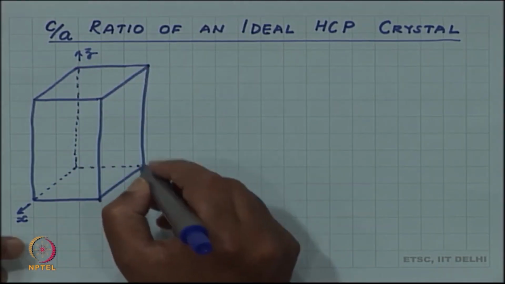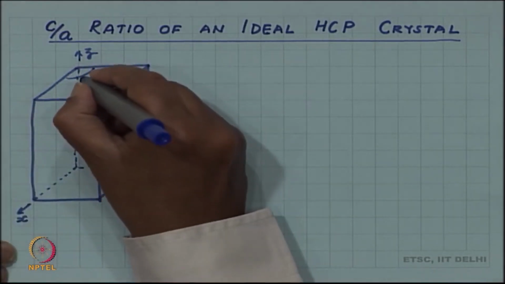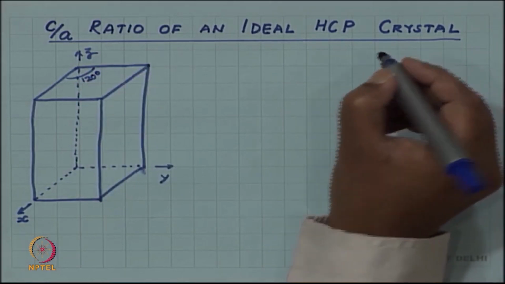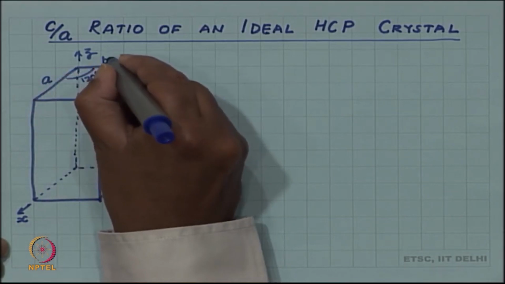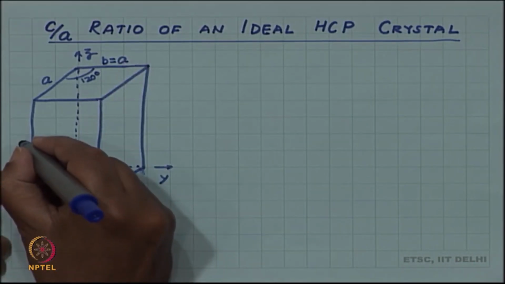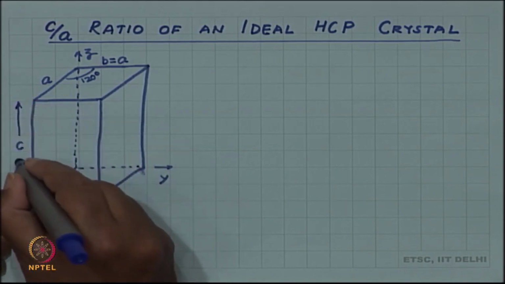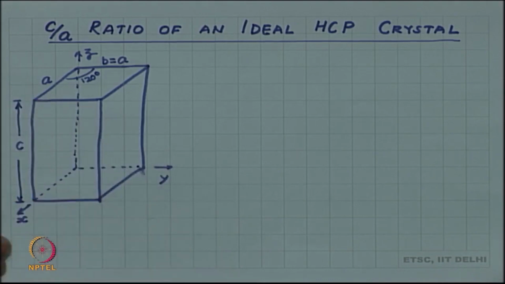This included angle between x and y axis is 120 degree, and this is A and B is equal to A, and the height of the unit cell is what is called the C parameter. And when we are talking of the C by A ratio, we are talking of the ratio of this C to this A.